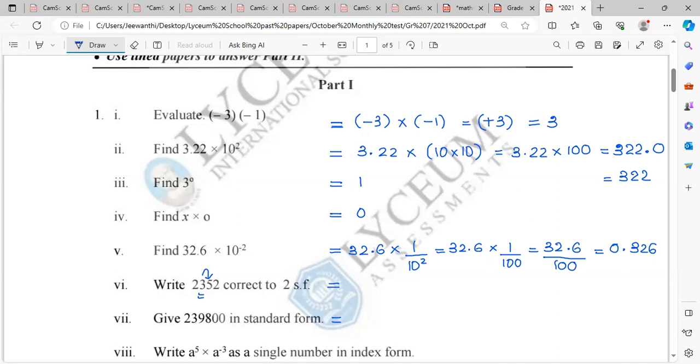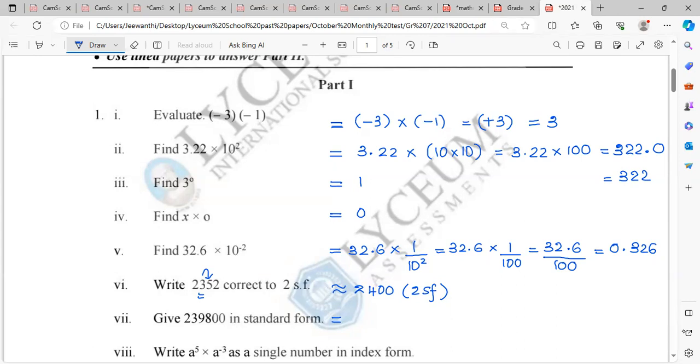So then I write this 2000. Here I can't use the equal sign, so I use approximately equal to 2400, and inside the bracket I write 2 SF, right? So the second significant figure is 3. Then I check the next digit.